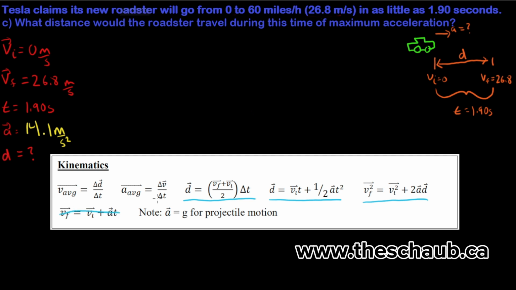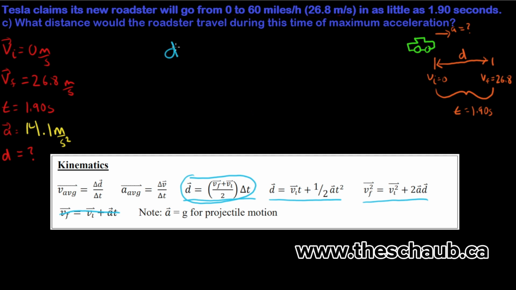It is, however, considered good practice when doing physics problems not to use a value that you've calculated along the way, because if you made a mistake here, you're going to carry that mistake through on your next calculation. So if we look at the equations and try to find one that doesn't have acceleration in it, but has our VI, VF, and T, it means we're going to use this equation right here to do our final calculation.